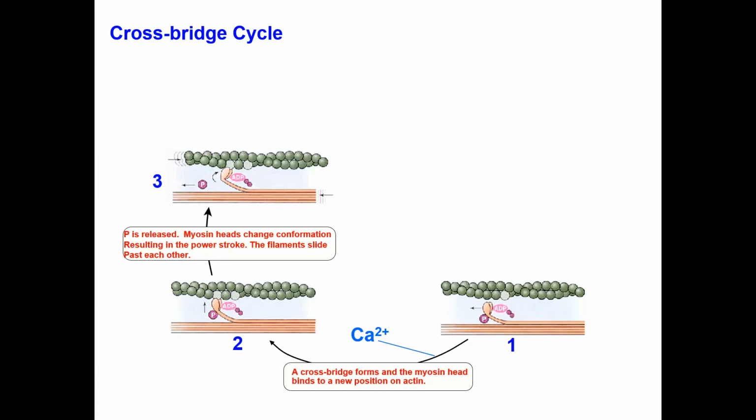And this release of the phosphate causes a conformation change of the head, so that normally the head is like this, at an angle of 90 degrees, and suddenly it goes to an angle of, for example, 45 degrees. The head tilts like this.